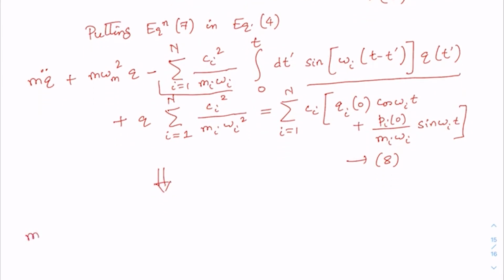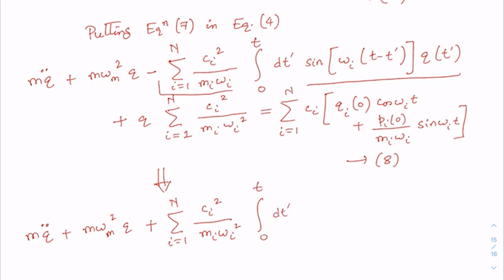That would be mq double dot plus m omega m square q. Now the third term is simplified, so I will have sum over i equals 1 to n of ci square mi omega i square, integration 0 to t dt dash q dot t dash cos omega i (t minus t dash).